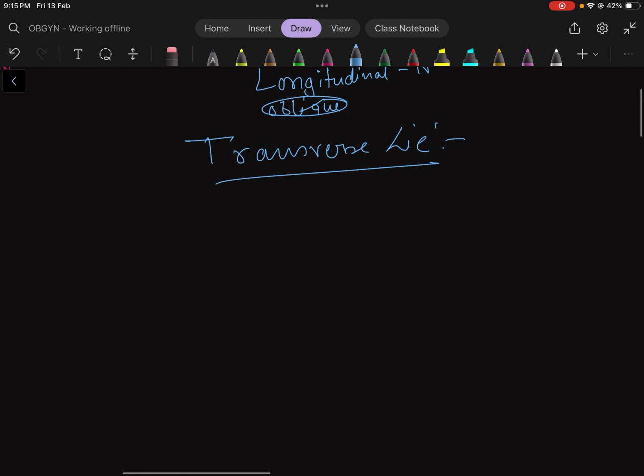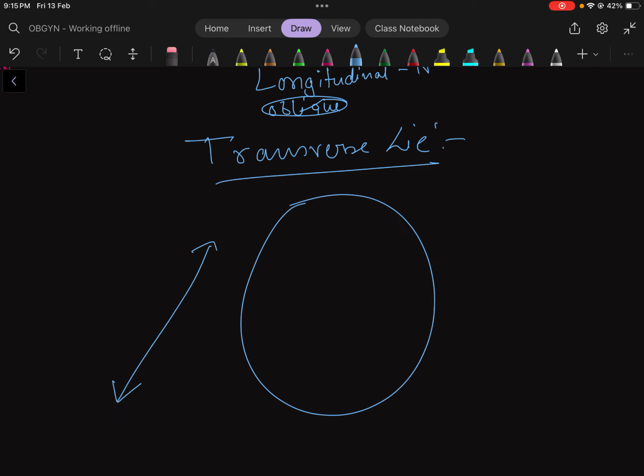So in transverse lie, if you see, this is the uterus, and if I draw like this, of course this will be the posterior part and this will be the anterior part. In transverse lie there can be two things that the babies can face.